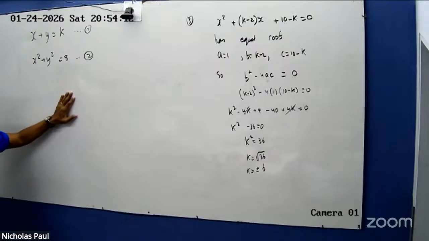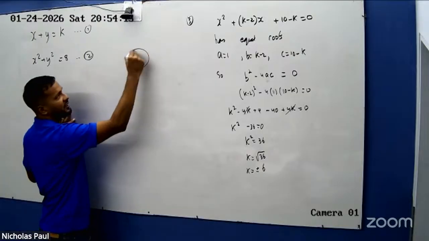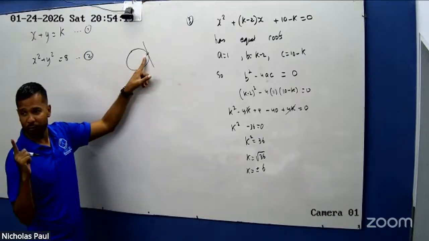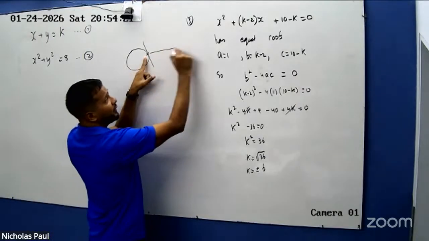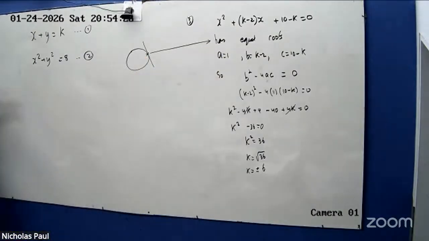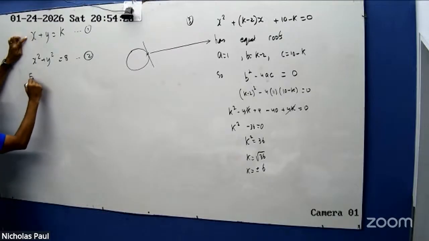How many solutions? If a circle meets a line and it's a tangent, you're going to have one solution. So we're going to use equal roots. Okay? So let's try and solve it now.